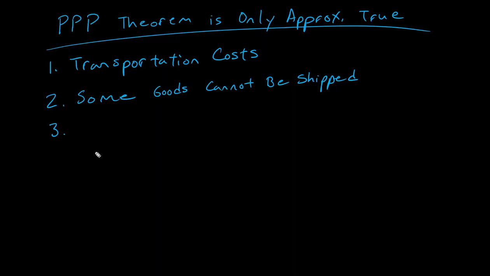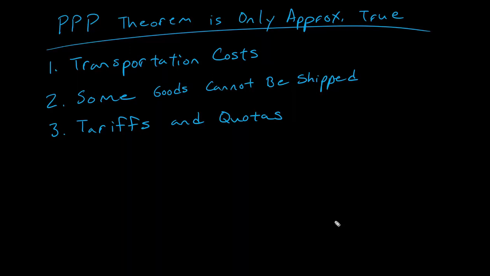Right. Third, tariffs and quotas. So as I mentioned, that law of one price, right? One of the assumptions is that if trade is free, then the goods are going to be sold for approximately the same price throughout the world.